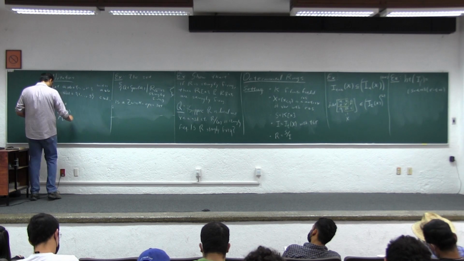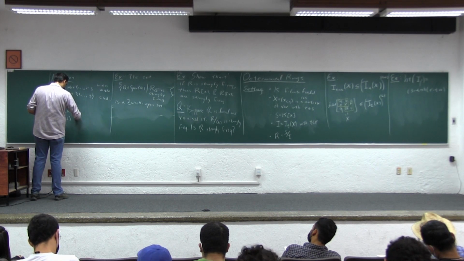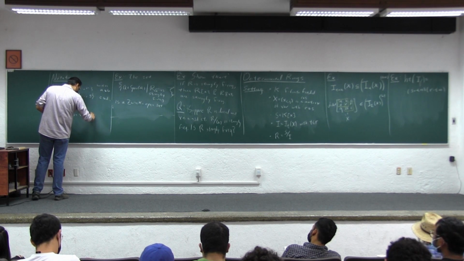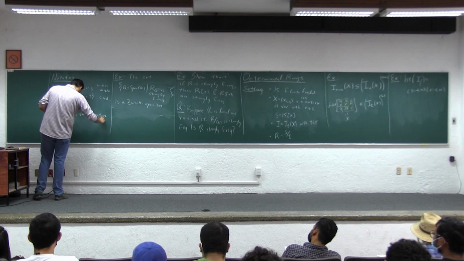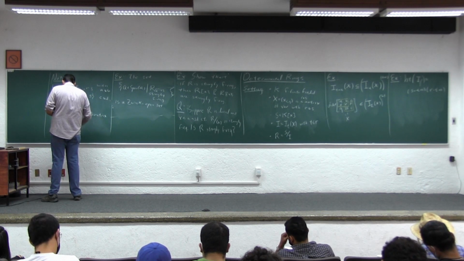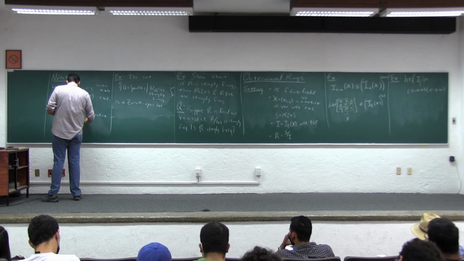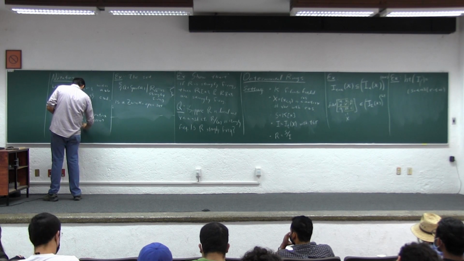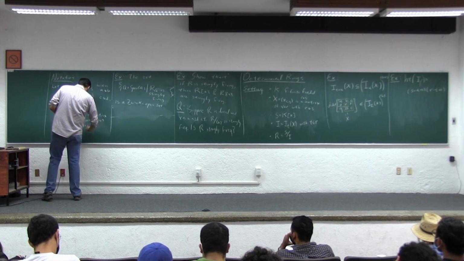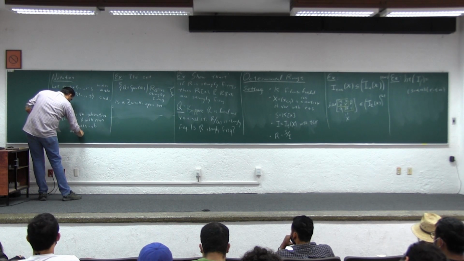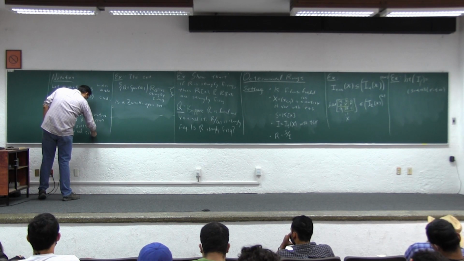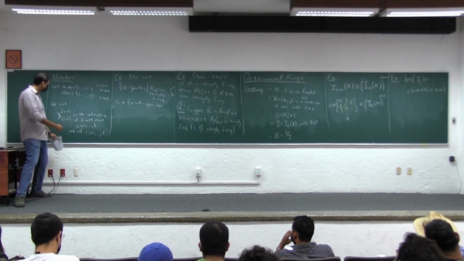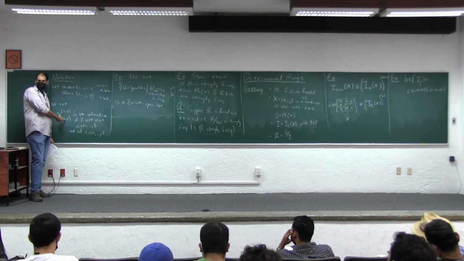This is going to be the submatrix of X with rows a plus 1 until b, and columns c plus 1 until d. Okay? So taking the submatrix that has pretty much this interval of rows and this interval of columns.